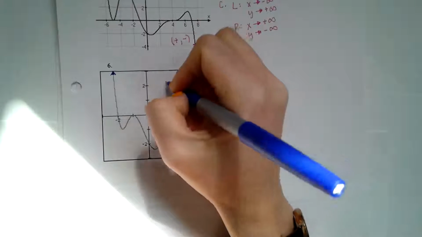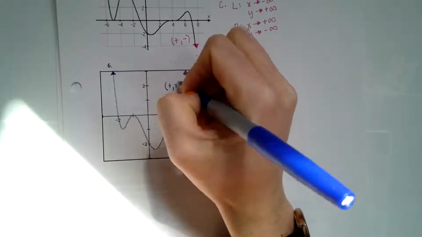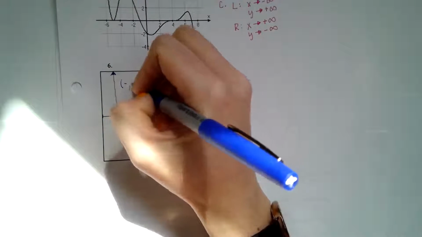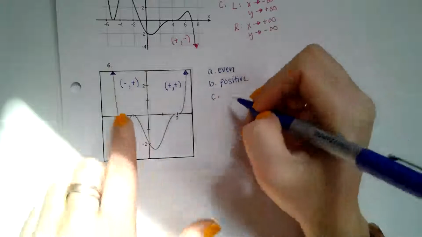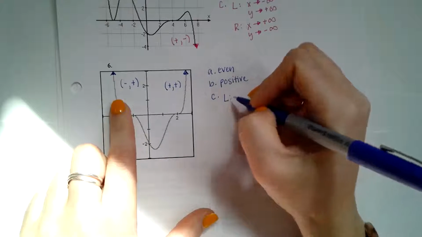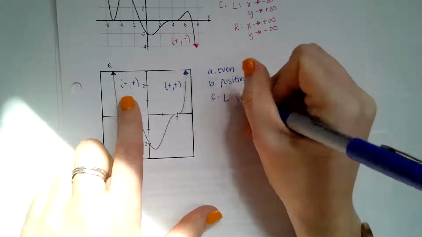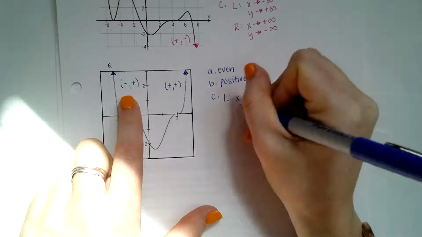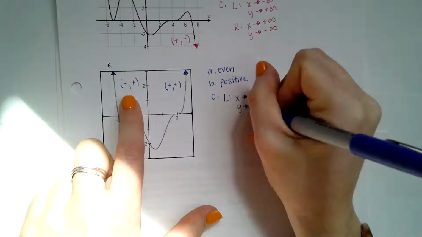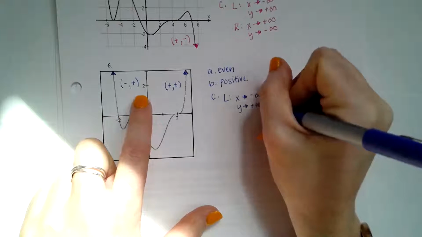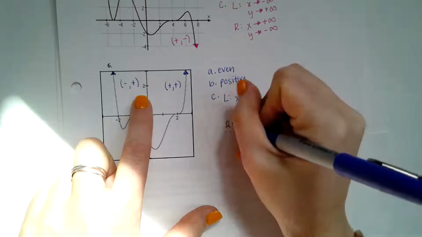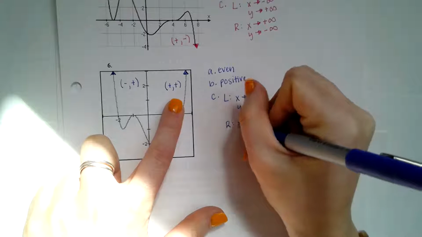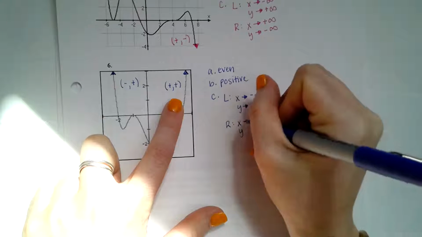Now looking at the end behavior, this here is positive, positive, and just like this one is negative, positive. So the left side is over here. x is negative infinity and y is positive infinity. Then the right side is positive, positive.